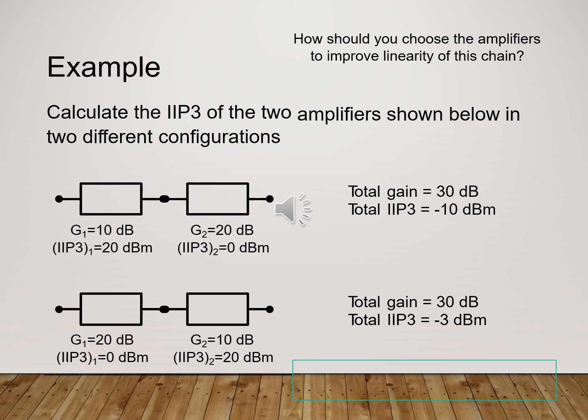From my experience, the total IIP3 will equal minus 10 dBm in this case. In the other case, we just swap the places of the two stages, and we get a total IIP3 equal to minus 3 dBm. You can observe that the nonlinearity of the last stages always dominates.